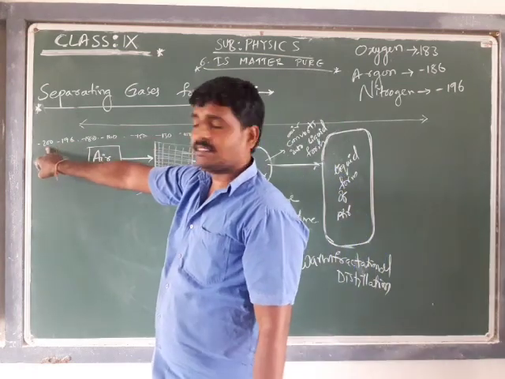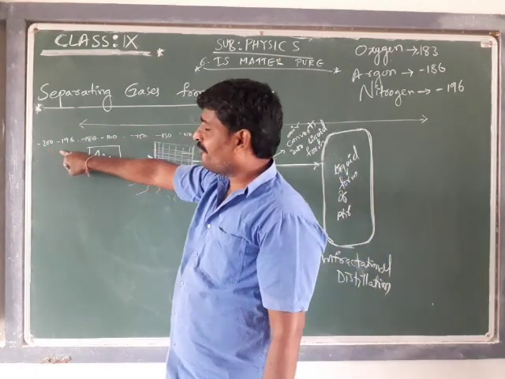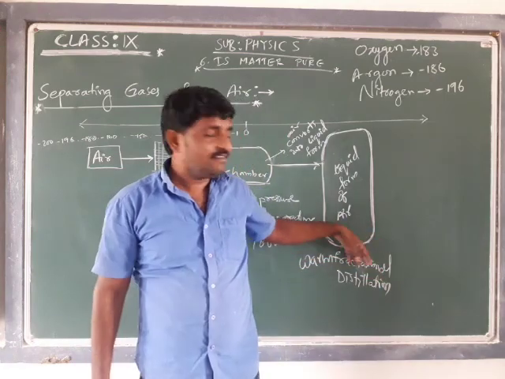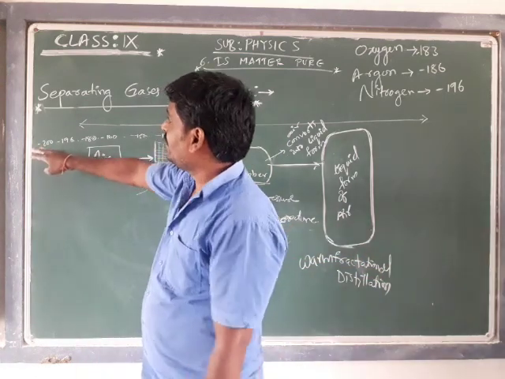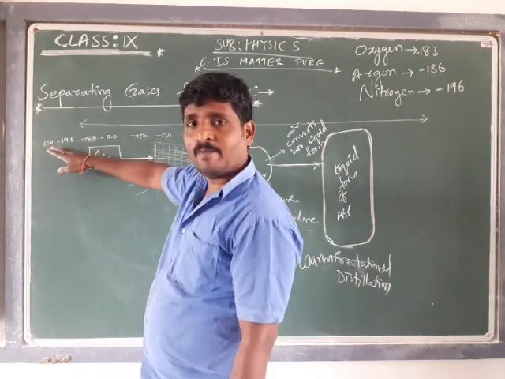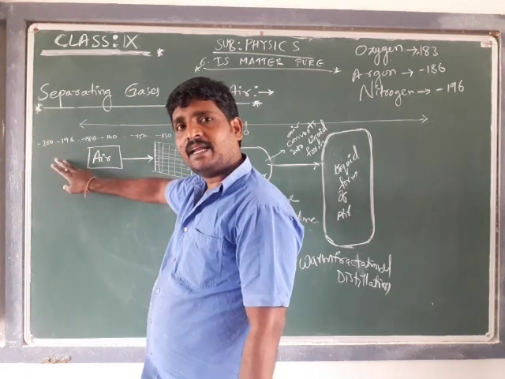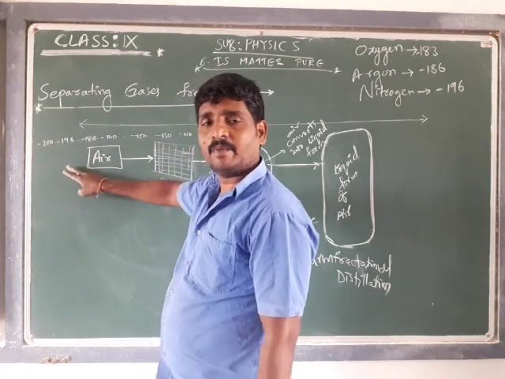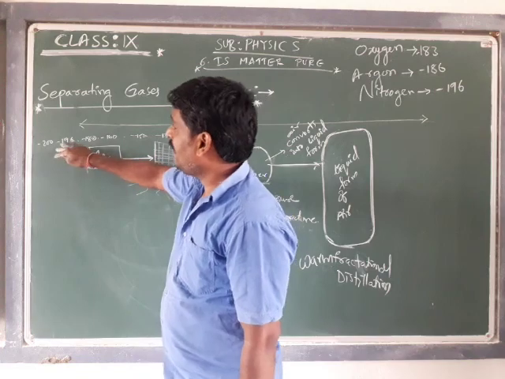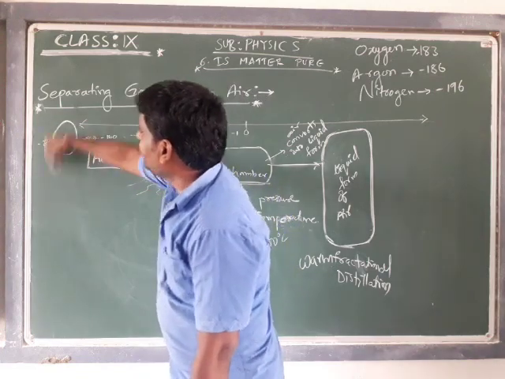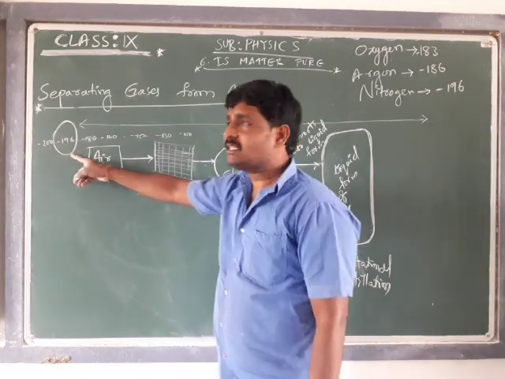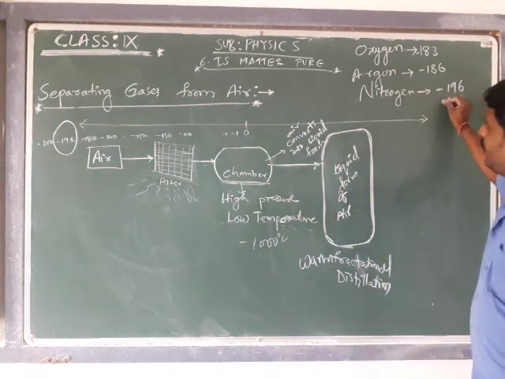If we are still supplying heat, it will reach minus 198, minus 197, and minus 196, which is the boiling point of nitrogen.